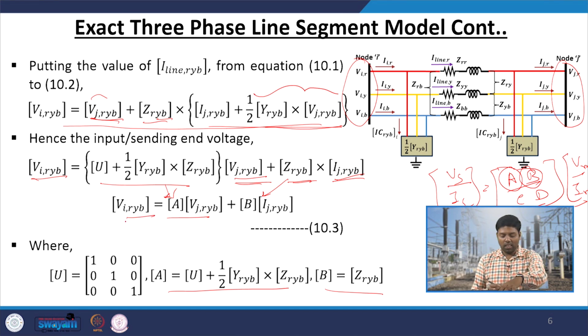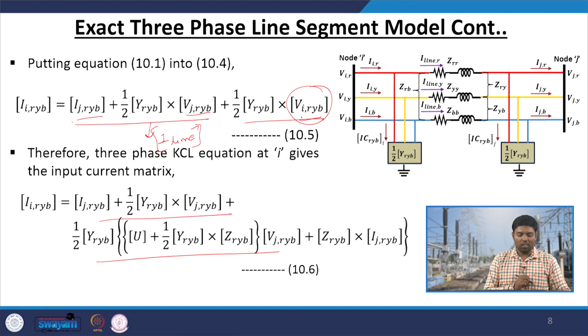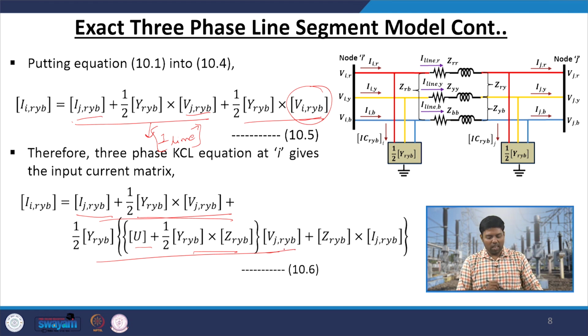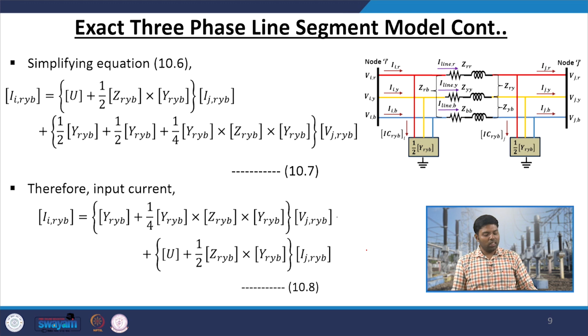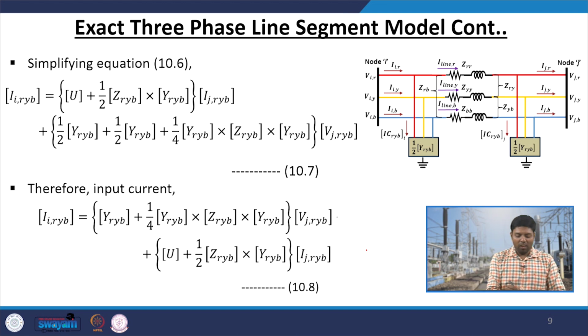So, put that sending end voltage equation here and you will get this revised equation, which is receiving end current plus half of Y into V plus half of Y into the identity matrix what you got into V_j plus Z into I. So, simplify this equation, take the receiving end voltage terms on one side and receiving end current terms on one side, you will get this simplified version.